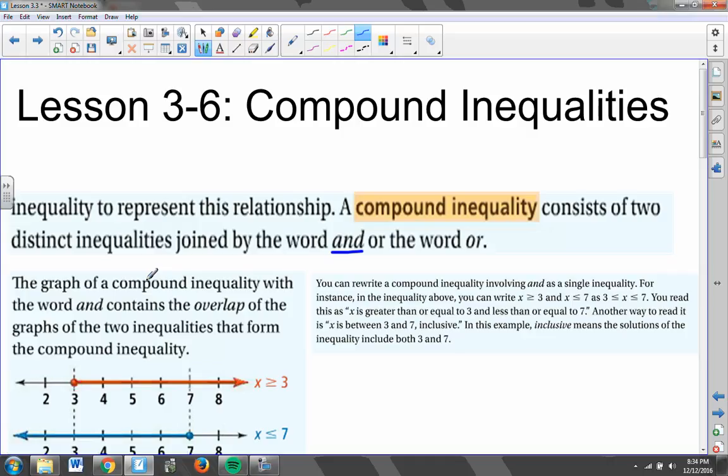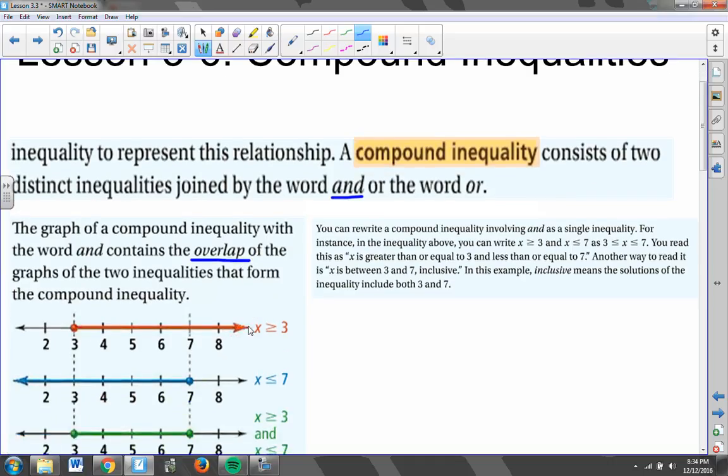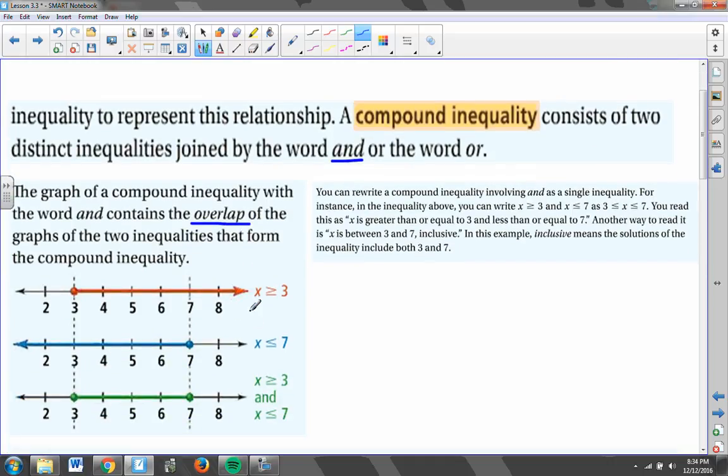The graph of a compound inequality with the word and is the overlap of the two graphs that form that inequality. For example, we could have x is greater than or equal to 3, so we put a closed dot at 3 and go greater than.